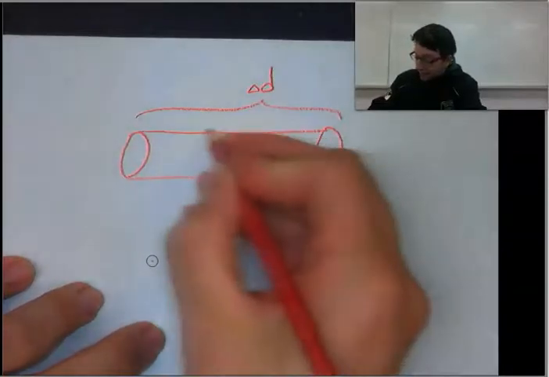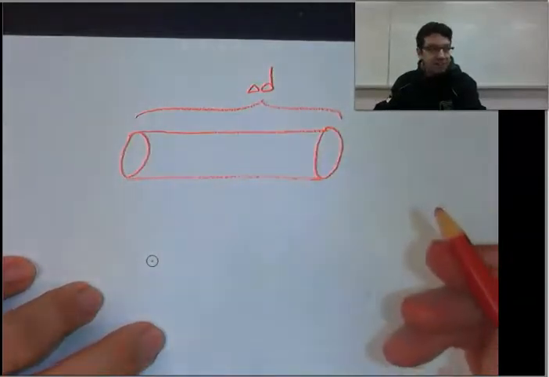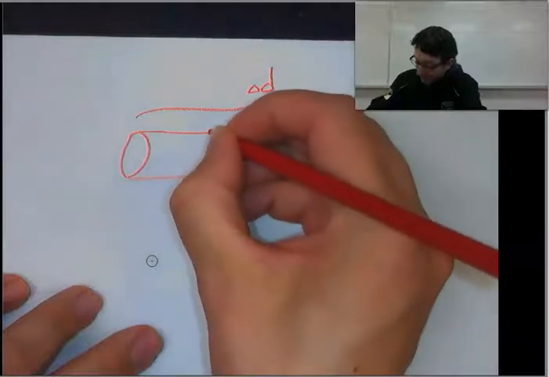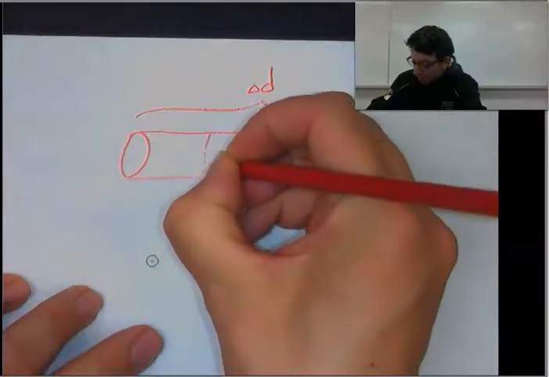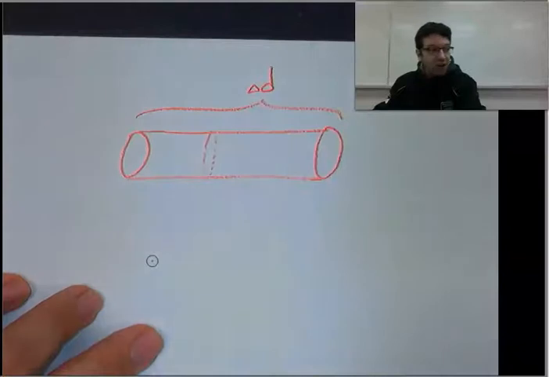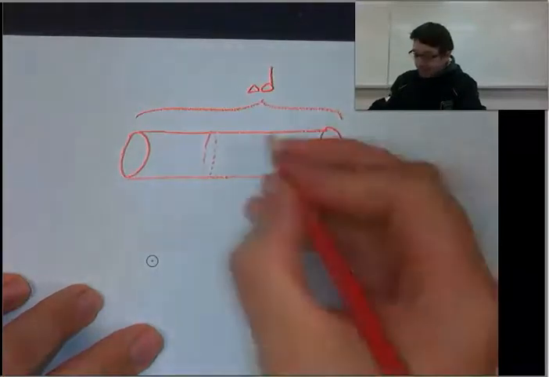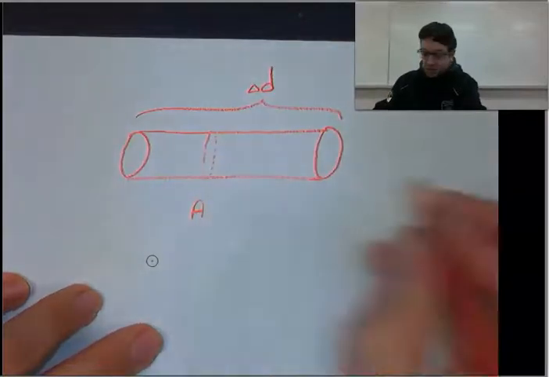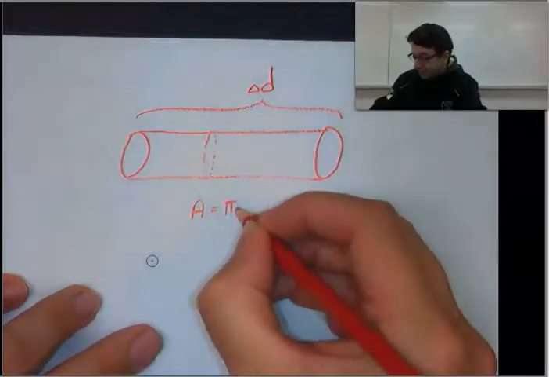Now this entire cylinder has a certain volume. And at any point, if we just look at one, call it a cross-sectional area A, that's a circle if this is a cylindrical pipe. It equals pi r squared.